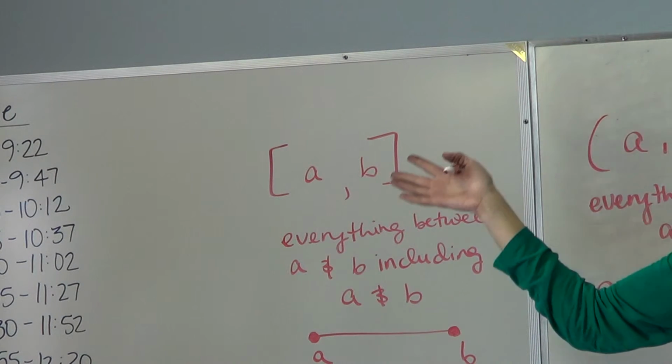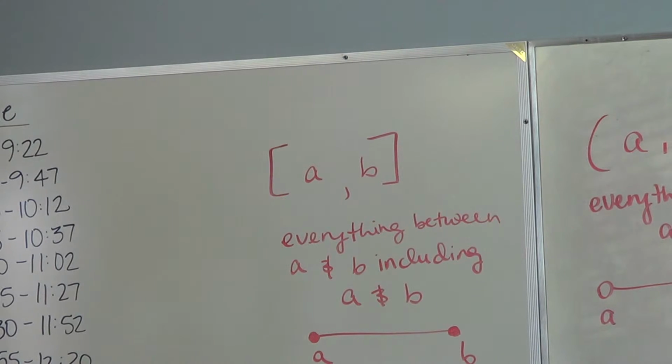And we can have a mixed interval too, where one is a bracket and one is a parenthesis. That would mean it includes this and it doesn't include this. So this would include A, and it would not include B. And we could also have the opposite of that.